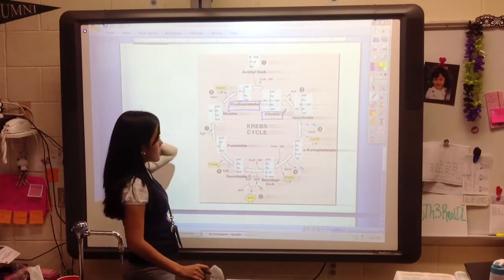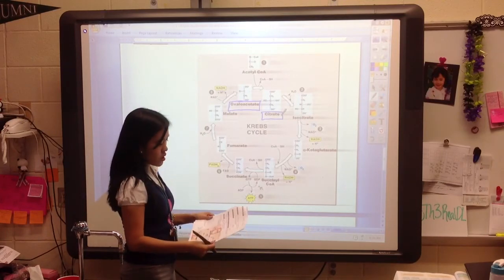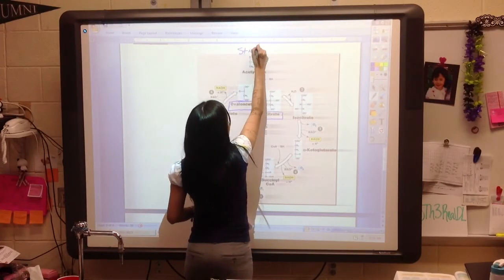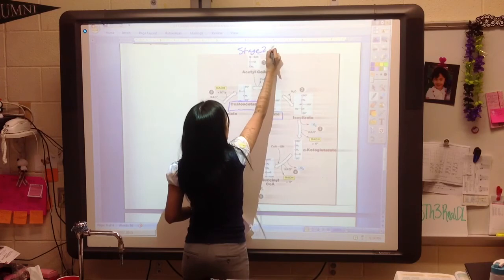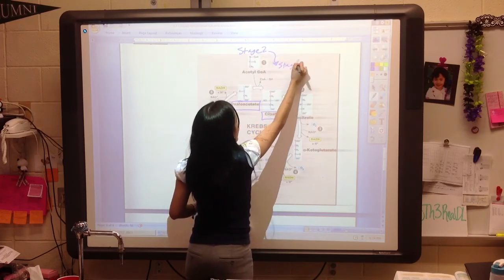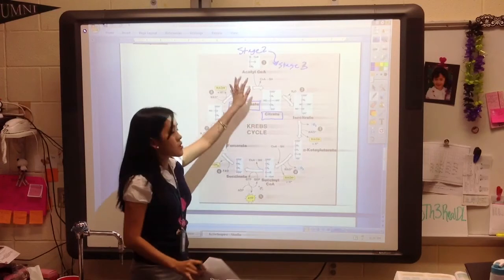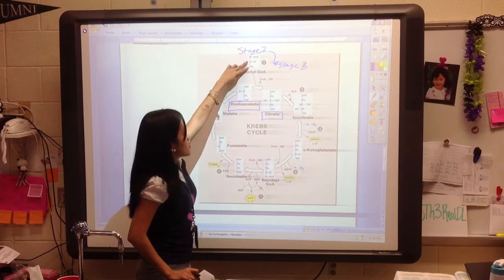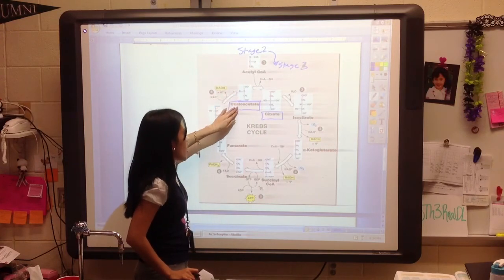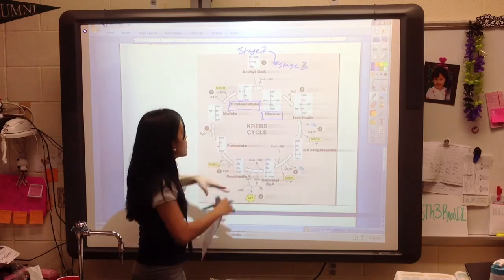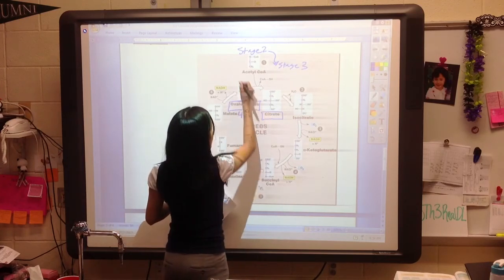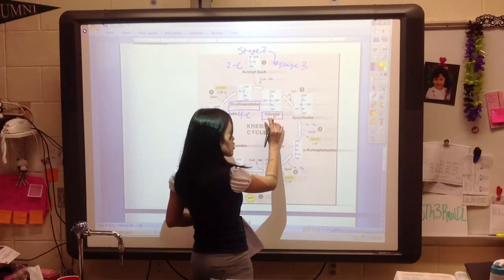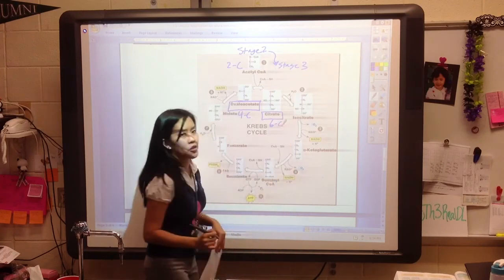So at the end of the oxidation and decarboxylation of stage 2, after stage 2 occurs, we're going to move on to stage 3. And in stage 3, you'll have your acetyl-CoA. Remember, your CoA is helping to carry it. These 2 carbons will actually carry to this oxaloacetate molecule, this 4-carbon molecule. This was a 2-carbon molecule. And it will actually be used to form a citrate, which is a 6-carbon molecule.